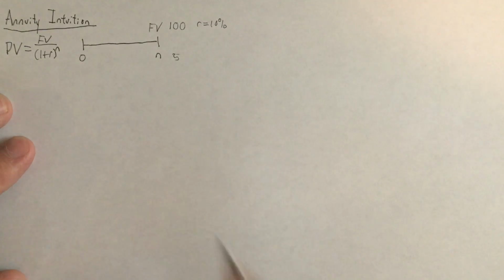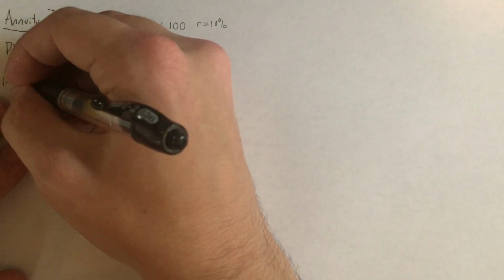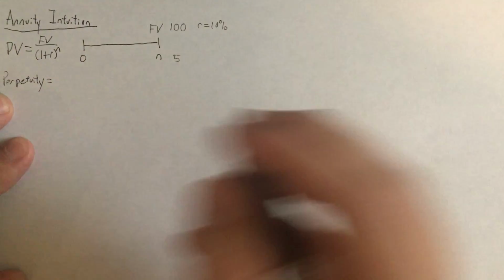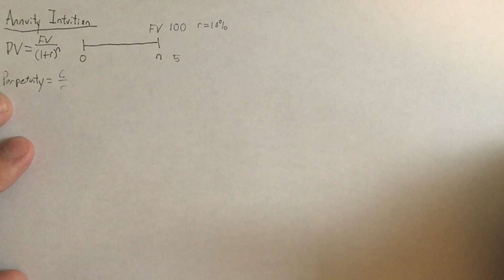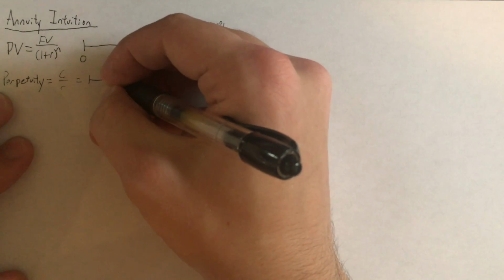The second thing is the formula for a perpetuity and the concept for it. A perpetuity is an infinite series of payments. The typical way it's represented is C over R, which is a neat formula.